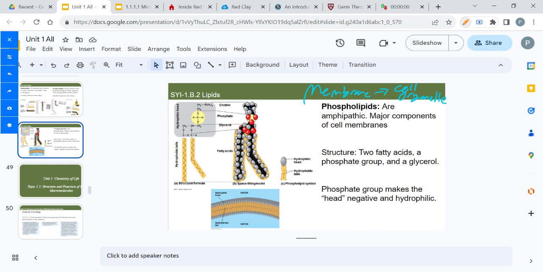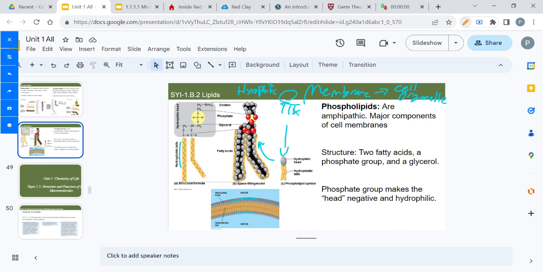Instead of a triglyceride like before, I'm going to get rid of that and stick a little phospholipid head on there. This is a super hydrophilic head, and you have these hydrophobic tails, which makes it so that it orients itself so the heads face the water.